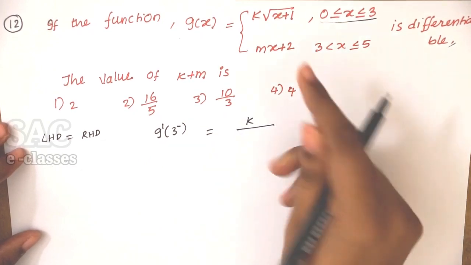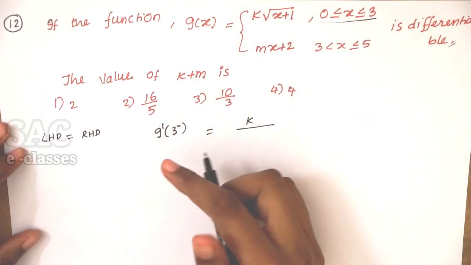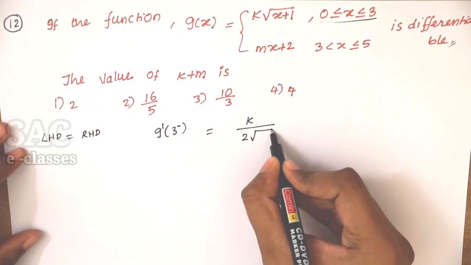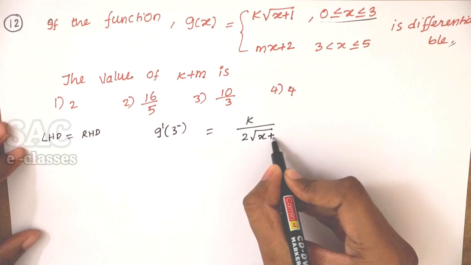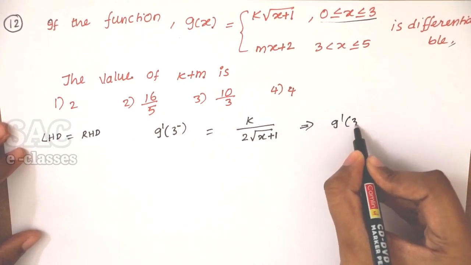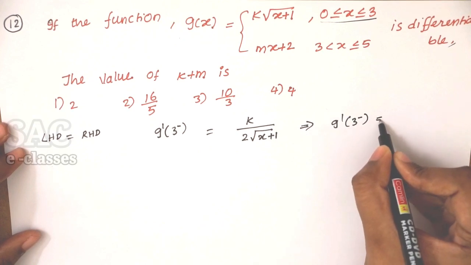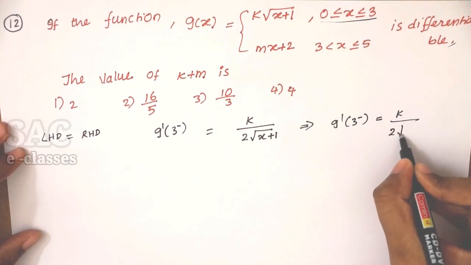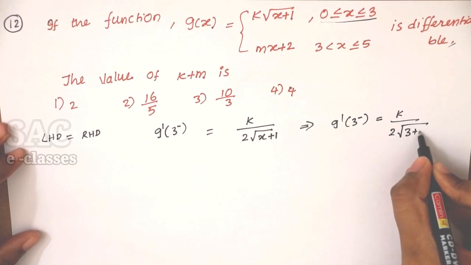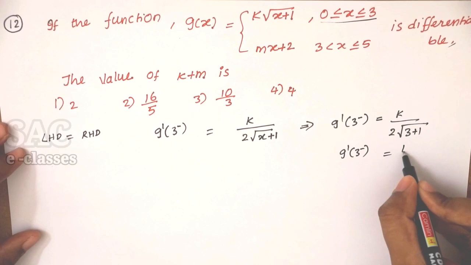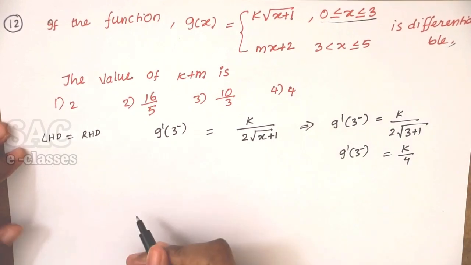The differentiation of k into root over x plus 1 is k by 2 into root over x plus 1. Now g dash of 3 minus is equal to k by 2 into root over 3 plus 1, which gives g dash of 3 minus equal to k by 4.